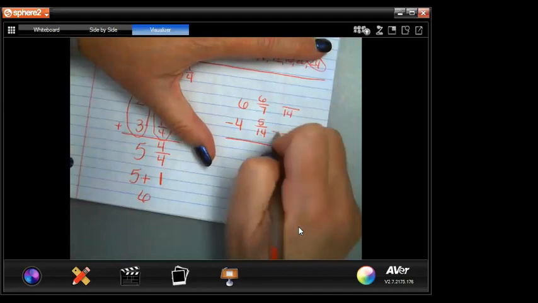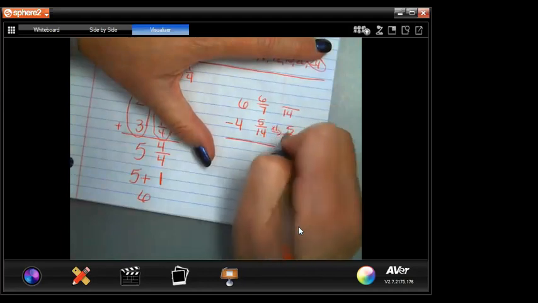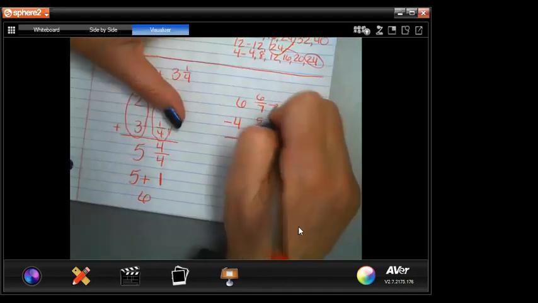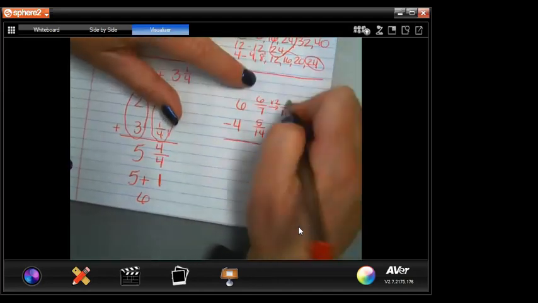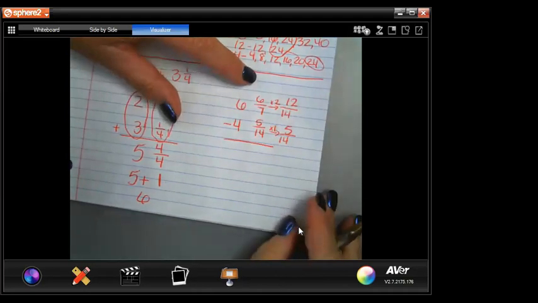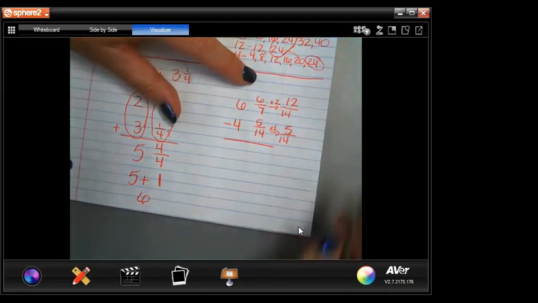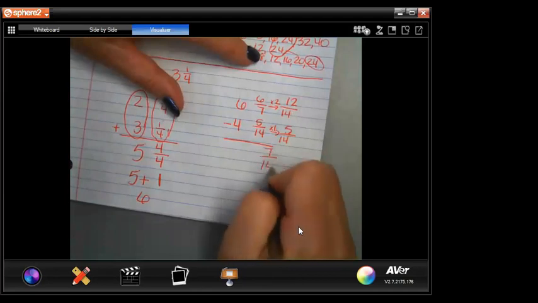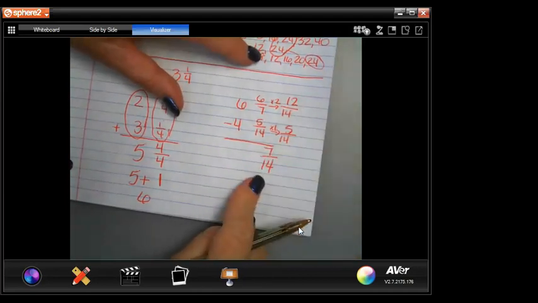So this is just times 1. So this stays 5/14. This times it by 2 changes to 12/14. Now I subtract. 12 minus 5 is 7. My denominator stays as 14.